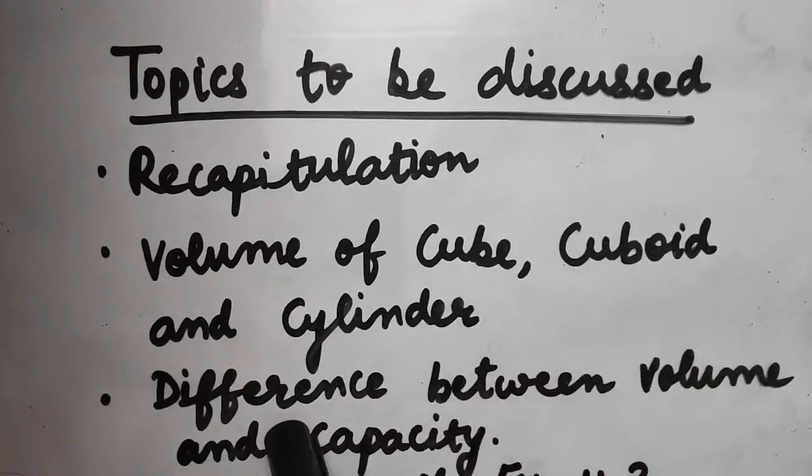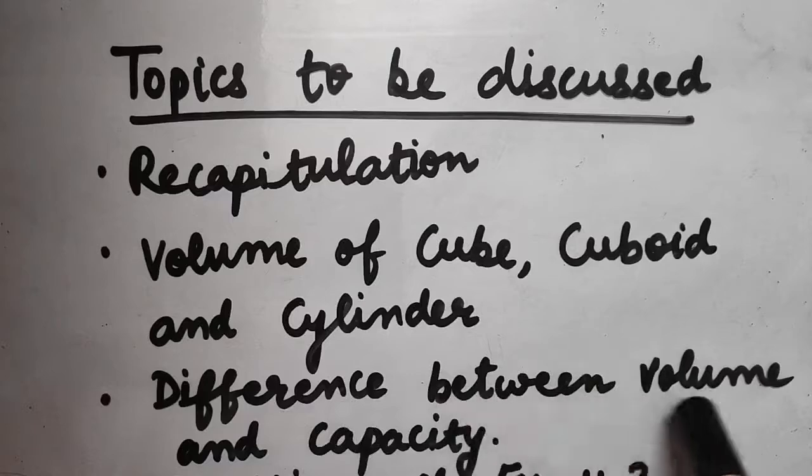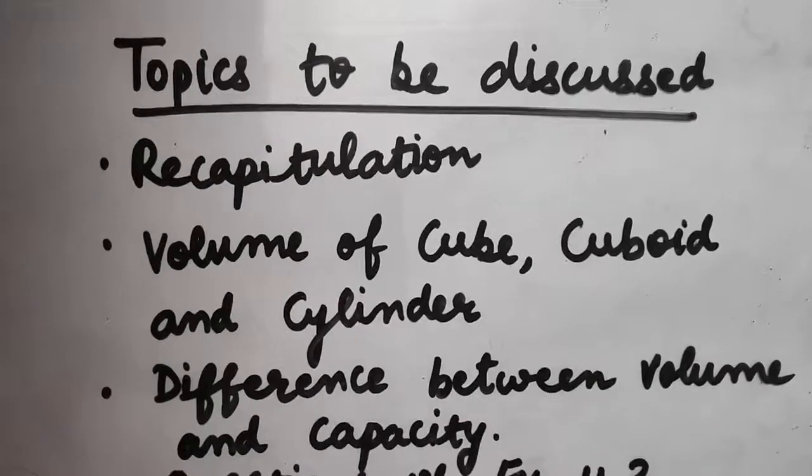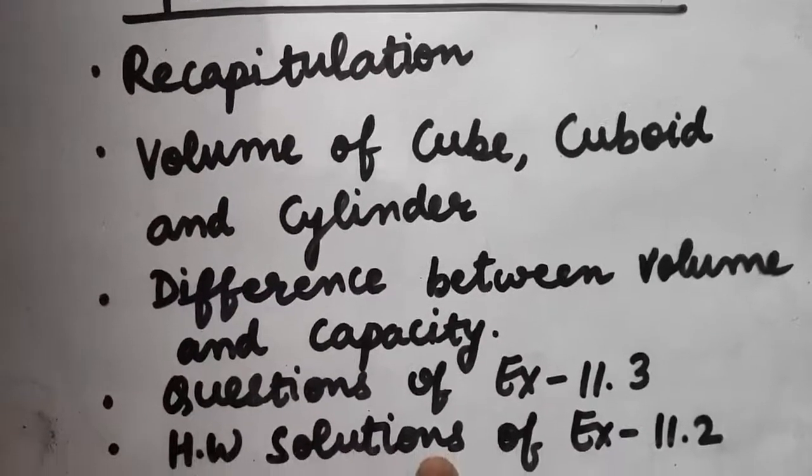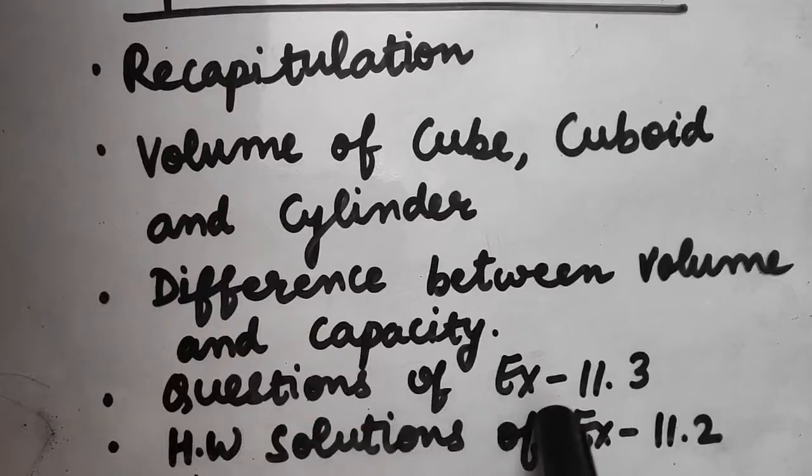Then we shall discuss the difference between volume and capacity. After that, I shall discuss a few questions of exercise 11.3, and at the end of this lecture, I shall discuss homework solutions of exercise 11.2. So let us get started with the recapitulation first.